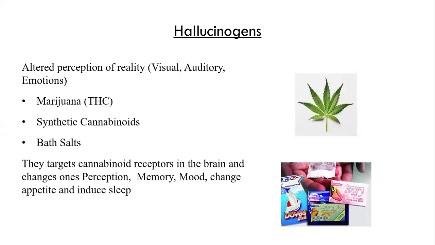Hallucinogens alter the perception of reality: visual, auditory, emotions. Marijuana is very common. Synthetic cannabinoids, etc. They bind to cannabinoid receptors in the brain and change one's perception, memory, and mood. Most of those people are very moody.